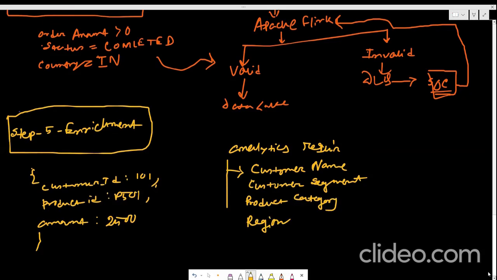It can require this type of thing. So Flink can enrich the event using another data source.